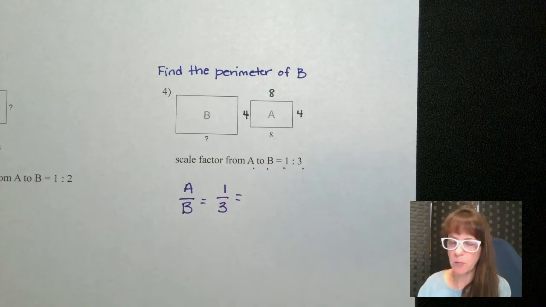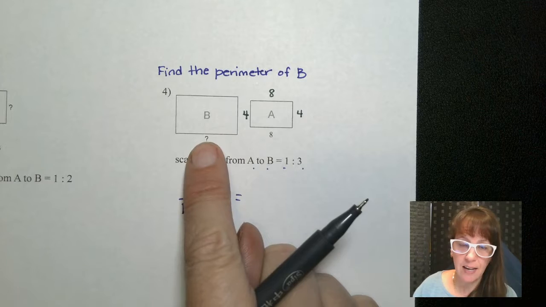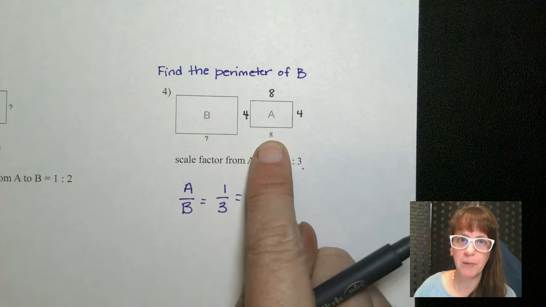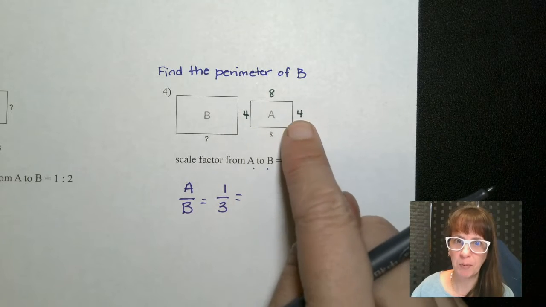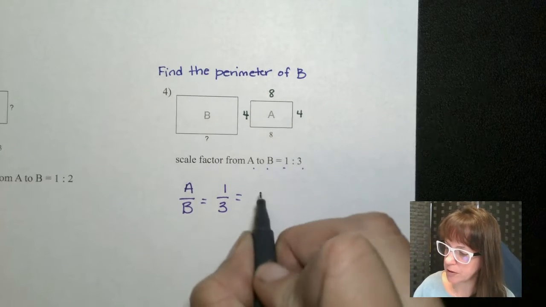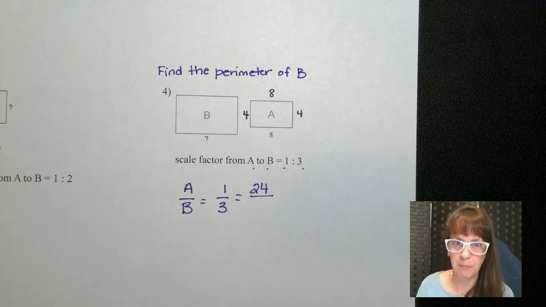In this case, we can find the side here if we want, but we can also just find the perimeter. If we do this, we would have 16 plus 4 gives us 20, so that would be 24. So the perimeter of A is 24. What does that make the perimeter of B?